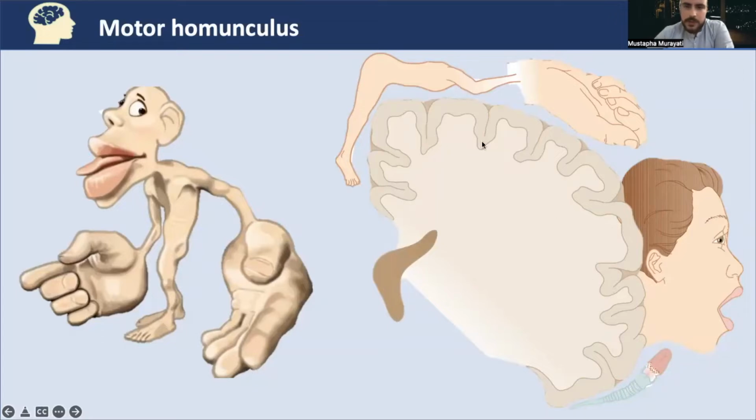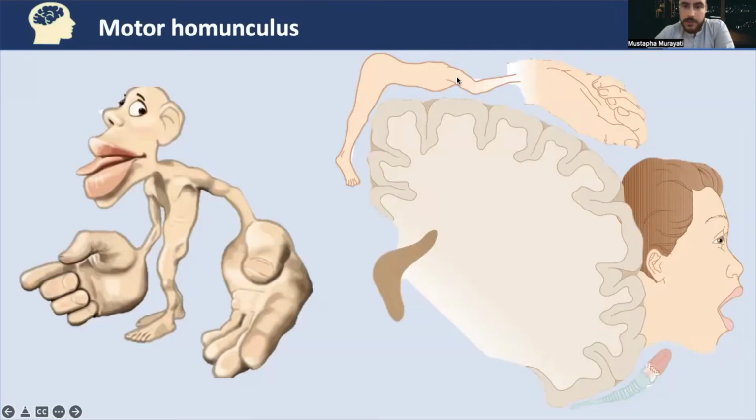And here is the representation on the cerebral cortex. Let's imagine this is a coronal section, and this is the lateral surface, and here is the medial surface. So it starts from inferiorly. Here are the laryngeal and pharyngeal structures. Here we have the mouth area with the tongue and the face area, and then we have the hand area. Especially there's a big representation for the thumb and index finger.